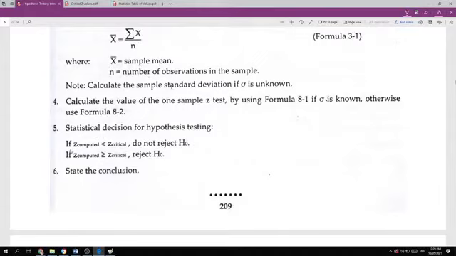If the computed z is less than the critical z, do not reject H0. Do not reject the null hypothesis. If the computed z is greater than or equal to the critical value, you reject the null hypothesis. So this will be our reference later during the decision making. And number 6, state the conclusion. Answer the question.